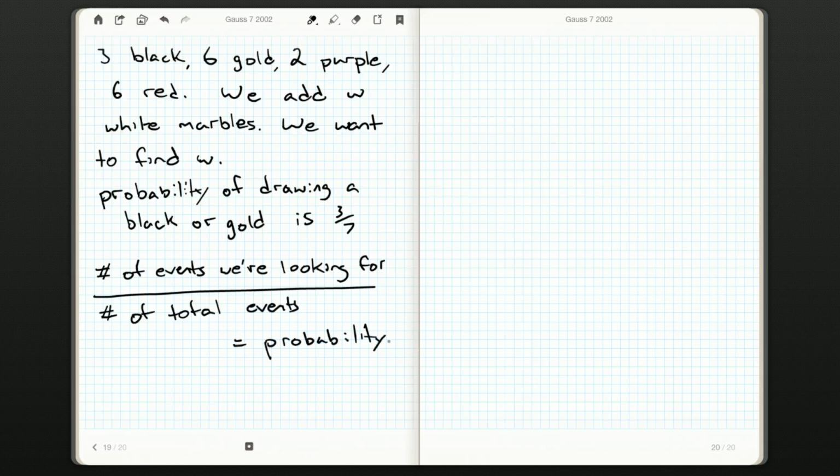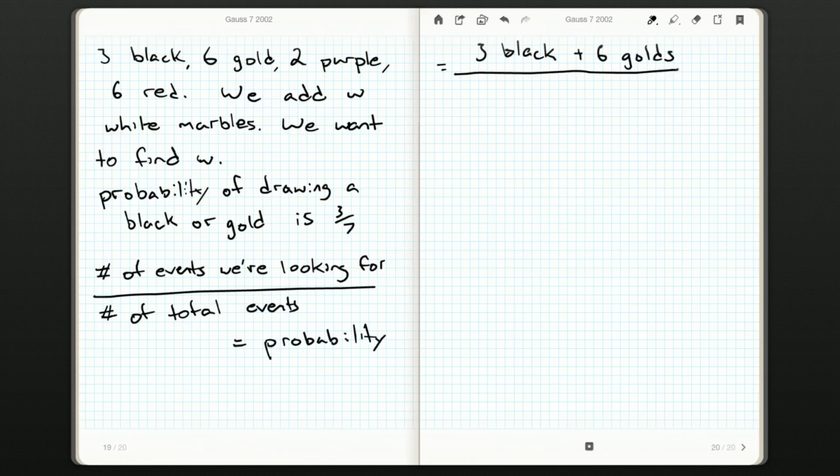So what we can do is set up the equation. How many marbles could we draw out that are black or gold? Well, we have 3 blacks plus 6 golds. Those are the marbles that we want, the desired outcome. We were searching for black or gold, so we have 3 black, 6 gold. That's the only way we could get a black or gold marble.